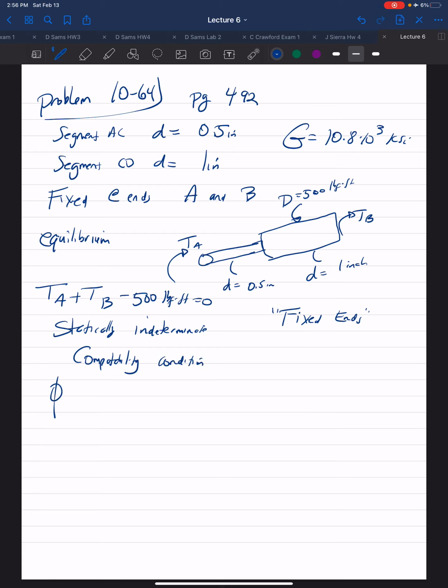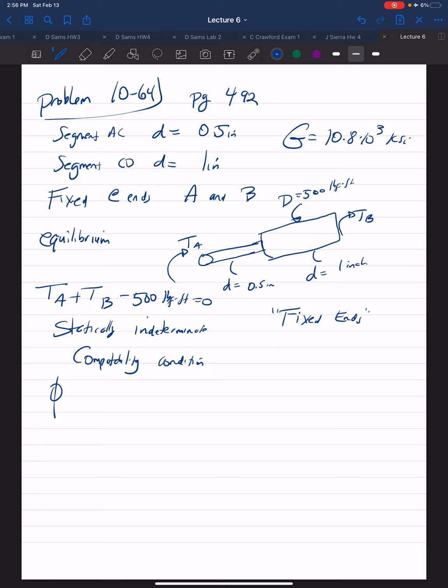So we have our torque in this section, TB, times the length, 12 inches, over the polar moment of inertia, which is pi over 2 times 0.5 inches to the 4 times G. So if I multiply both sides by G and solve out the math division, you'll get TA times 1408 equals 192 times TB.